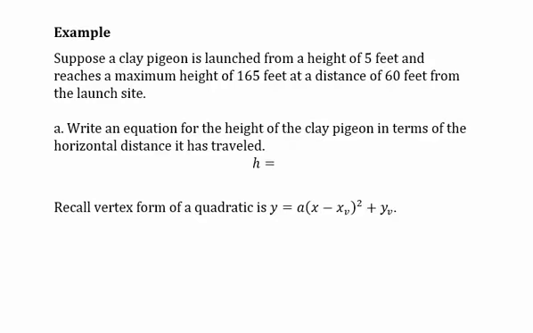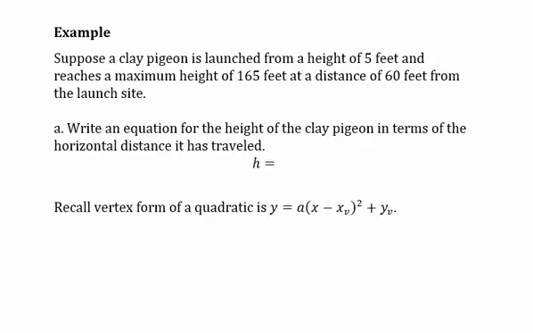And recall that the vertex form of a quadratic is given as follows: y equals a times the quantity x minus x sub v squared plus y sub v.